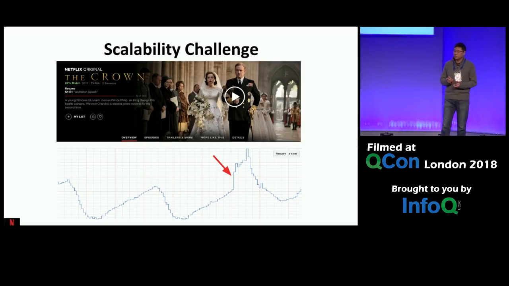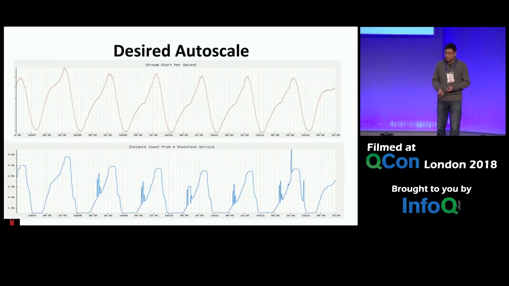So how do we deal with it? On this slide, I'm going to show you how we deal with that problem with our stateless service. On the top is a metric we call stream starts per second. It is a core measure that we use to see how much the overall traffic is for Netflix. And the bottom metric is the instance count from a stateless service.